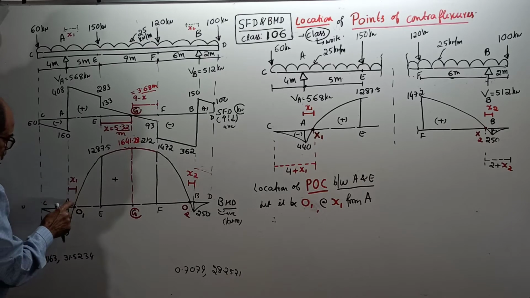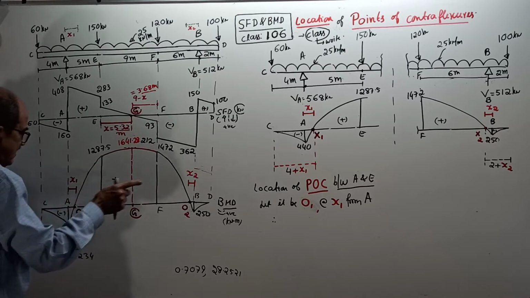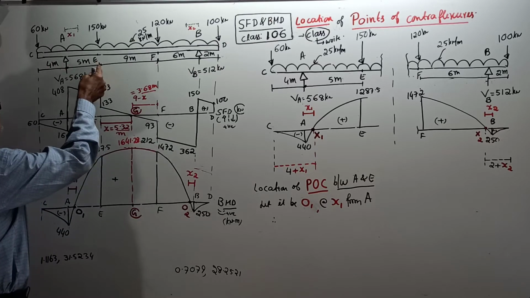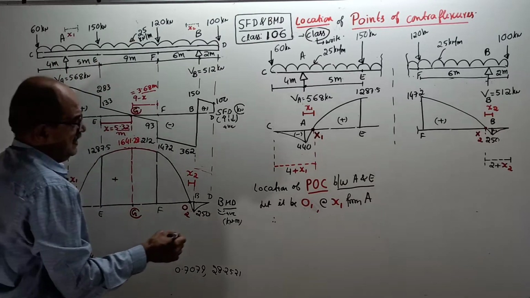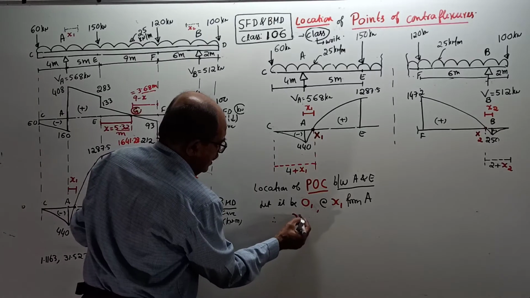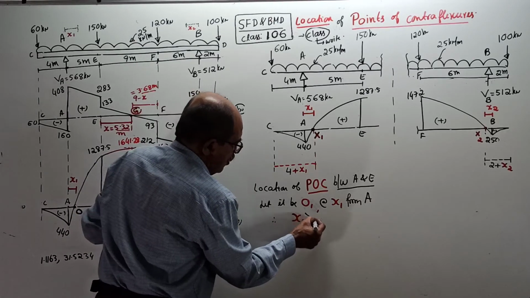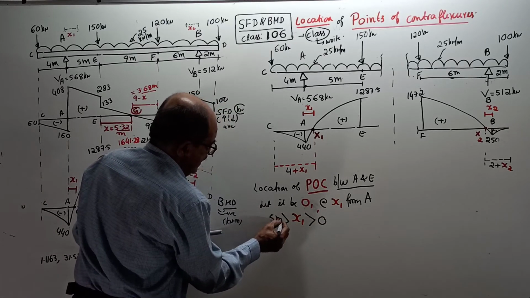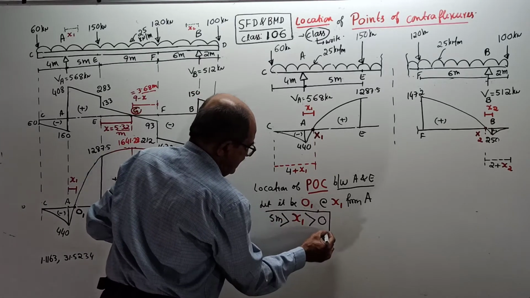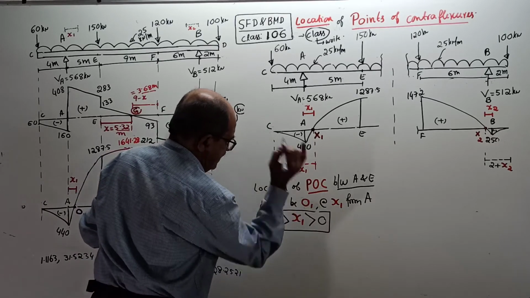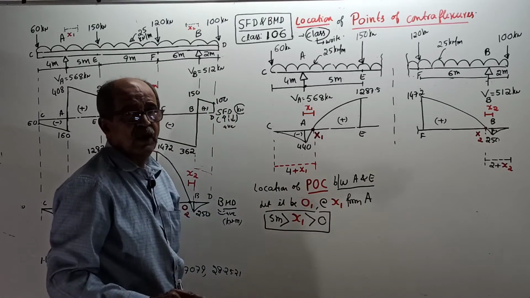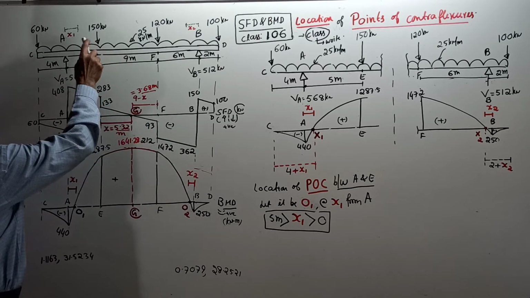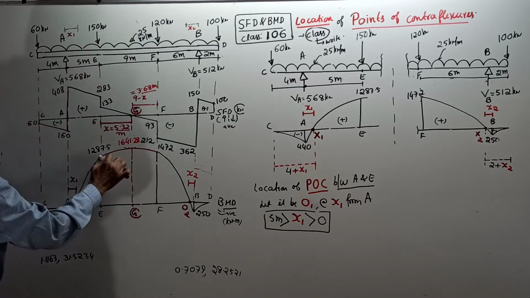Going inside from here, the x1 value should be more than 0 and less than 5 meter. Common sense. So the condition is that x1 is more than 0 but less than 5 meter. This is very important. Okay, now start. How to locate? See, in case there is no UDL here, then it will be a straight line.